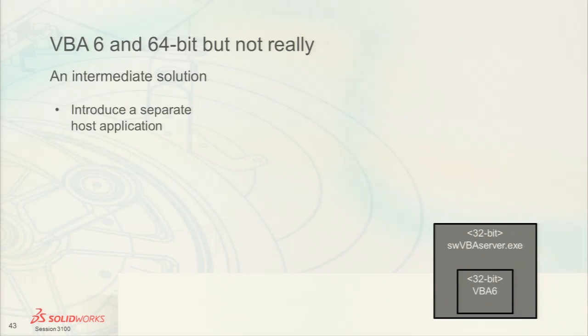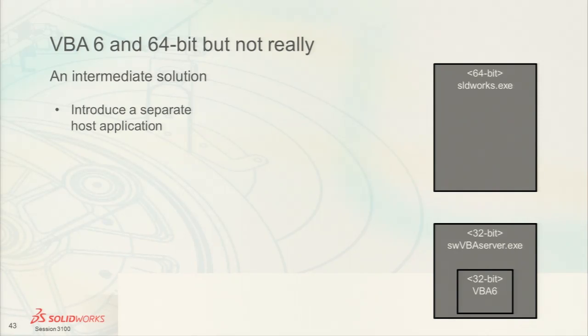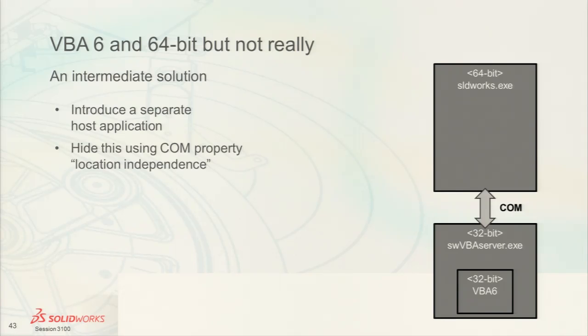So we invented a new host application called SWVBA server, which was 32-bit, and that was able to host Visual Basic 6. That is our trick. And next to that, we had SolidWorks 64-bit, and as I said, this was all Visual Basic, it's all COM-based, so we have COM sitting in the middle here, going from one process to the other or back. So with this trick, it all worked nicely.